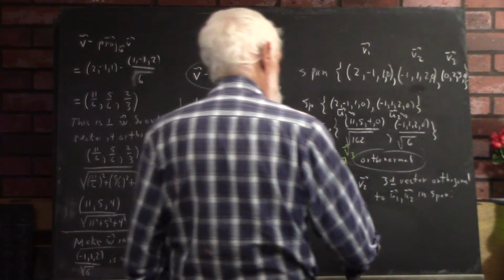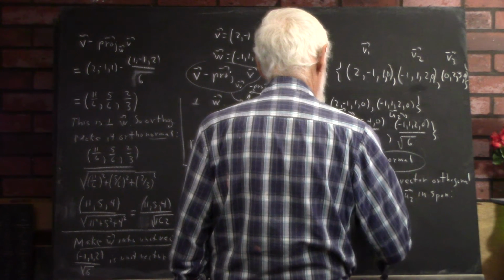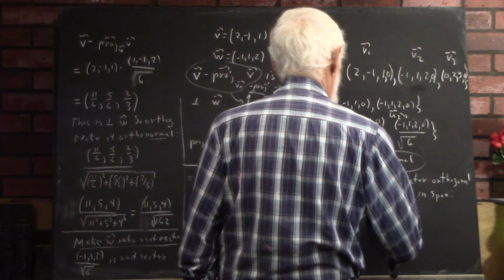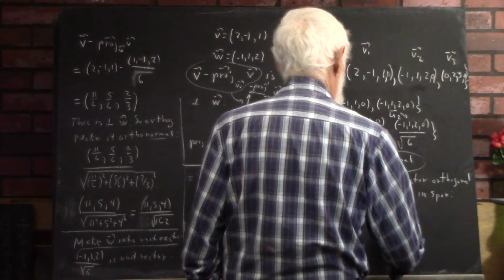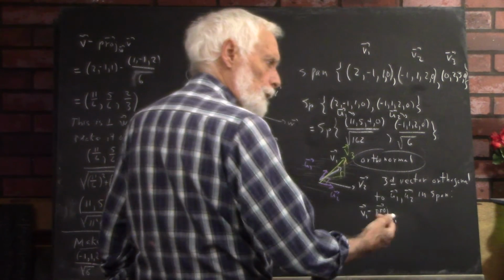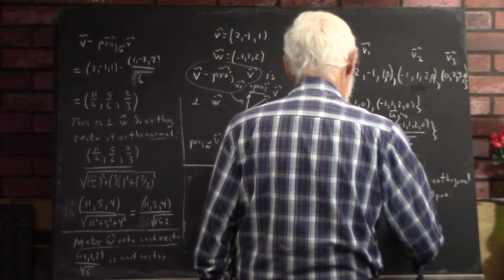We do v1 minus its projection on, let's go ahead and project it on u1 first, it doesn't matter which, but let's keep things in order of the subscripts.